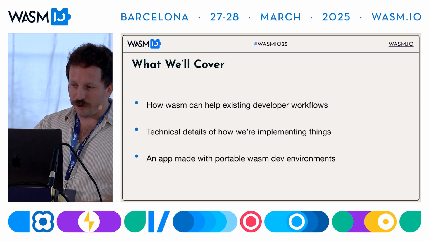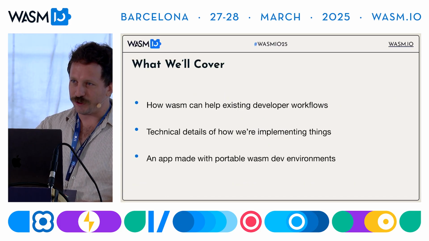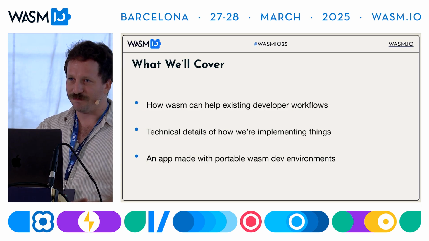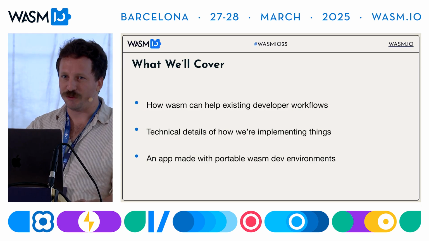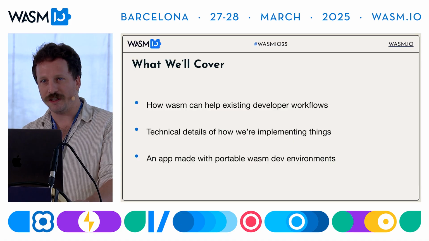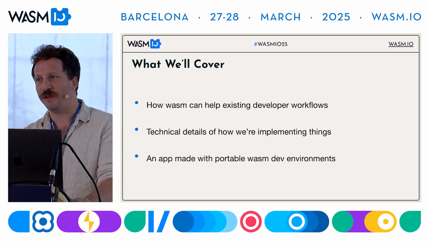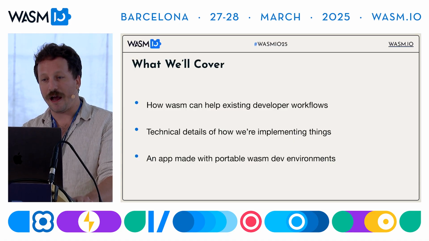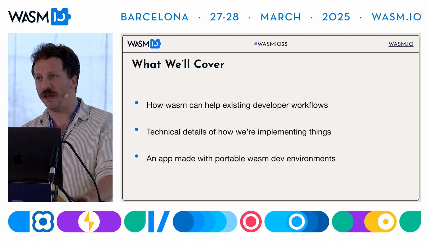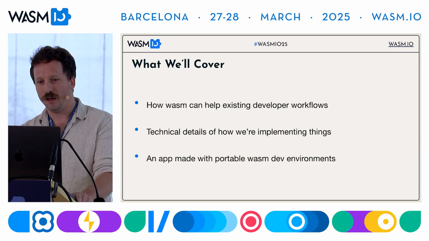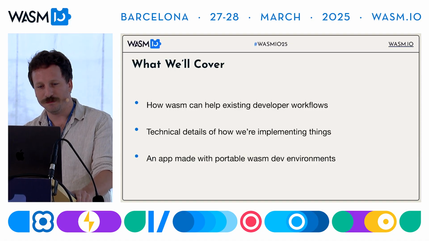So what we will cover first is just a little bit about some of the current workflows that people go through when writing software today, what some of the pain points are that are pretty common, and how Wasm can help alleviate some of the pain that we encounter when we write software today via these Wasm-powered dev environments.